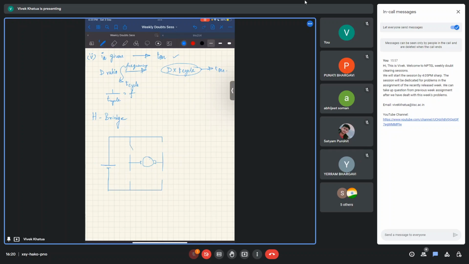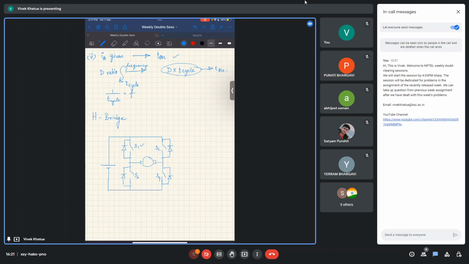They are nothing but switches, right? And to stop back EMF sparking at the switch or destroying your MOSFET, we would have diodes. So you'd have S1, S2, S3, S4.